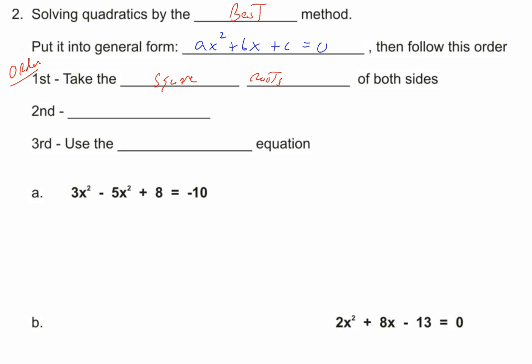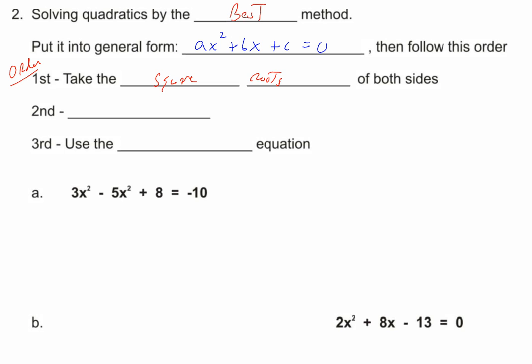Anybody remember the condition that allows you to take the square root of both sides? What about general form has to be the case when we can take the square root of both sides? Abby? You can't have a variable to the first power. Exactly, right? That term has to be missing, right? The variable to the first power. If that's not there, we can take the square root of both sides.